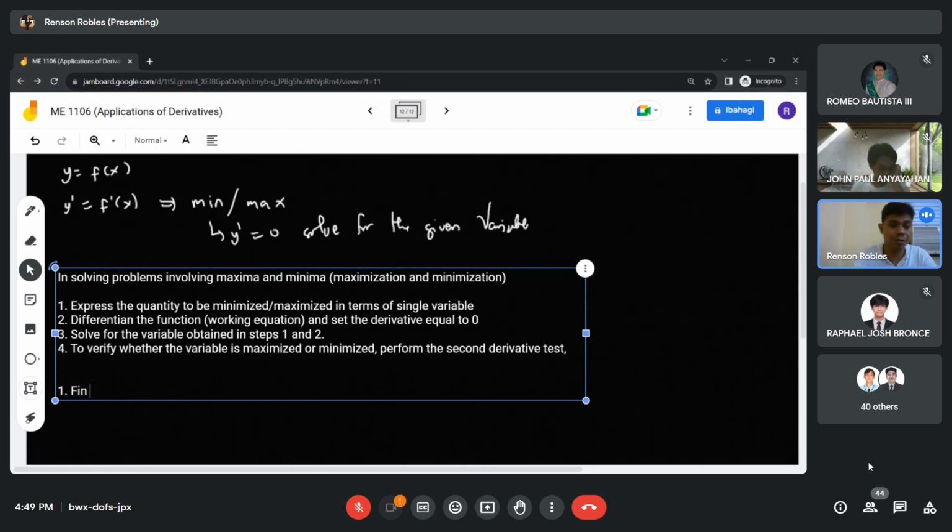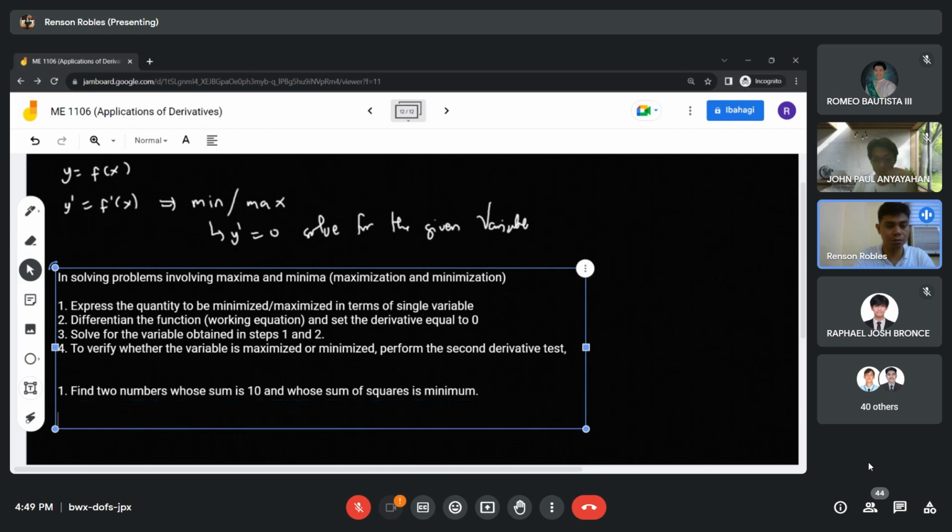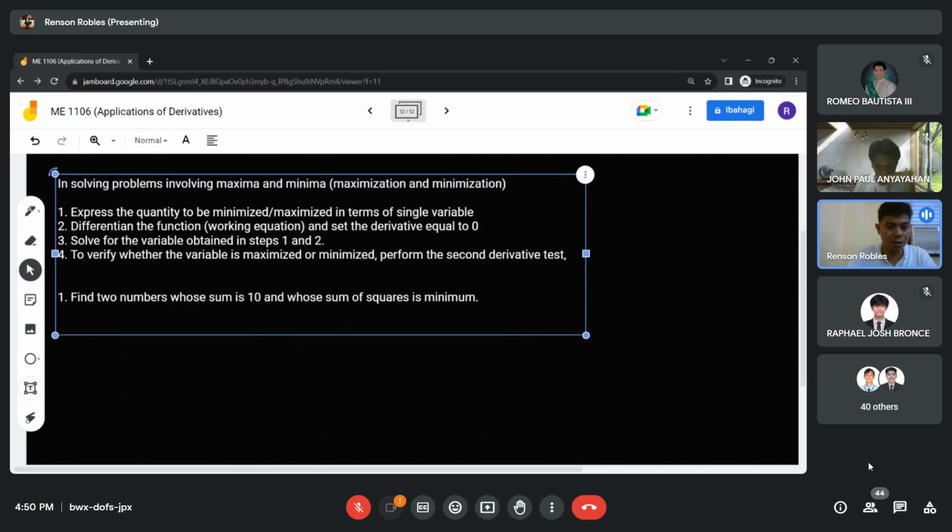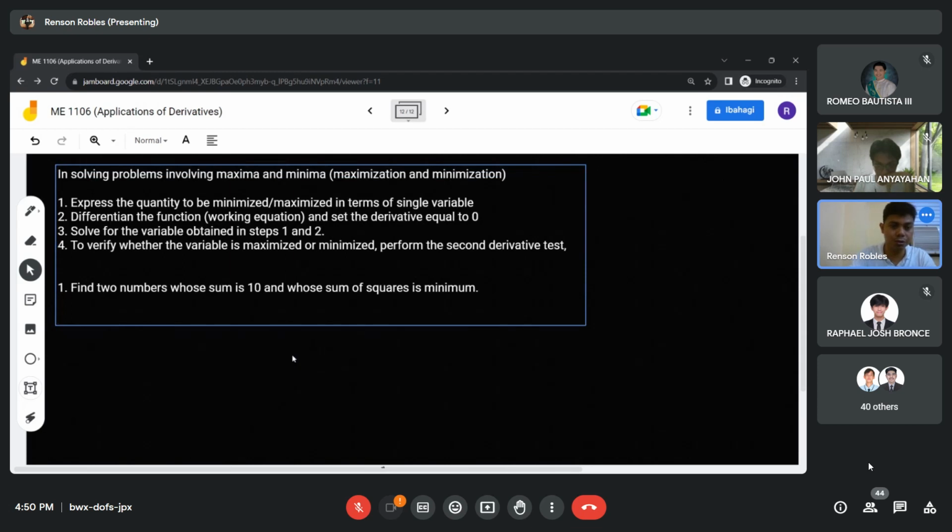Find two numbers whose sum is 10 and whose sum of squares is minimum. So first thing you need to do, you look for two numbers whose sum is 10.